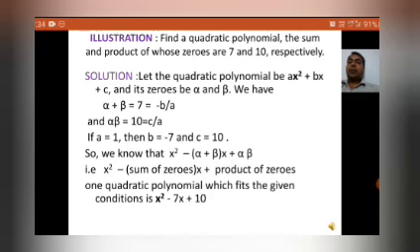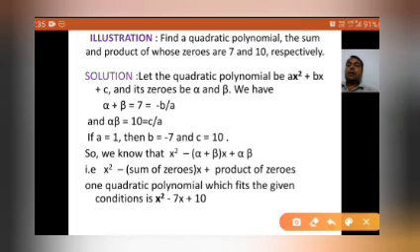So accordingly, in the given question, x square minus sum of zeros, which is 7, that is x square minus 7x, plus product of zeros, which is 10. Given the condition in the question, we find the quadratic polynomial is x square minus 7x plus 10.